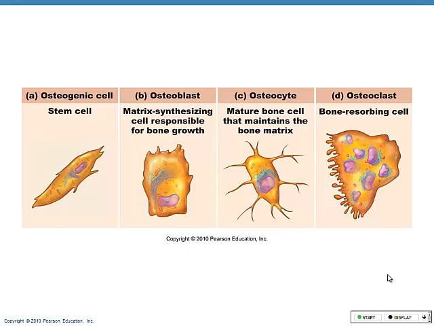And when you start getting low in calcium and you need to get some calcium from your bones, the monocyte is actually going to squish out of the circulatory system and turn itself into what? A bone-breaking cell. What cell is that? The last one on the list. Osteoclast.